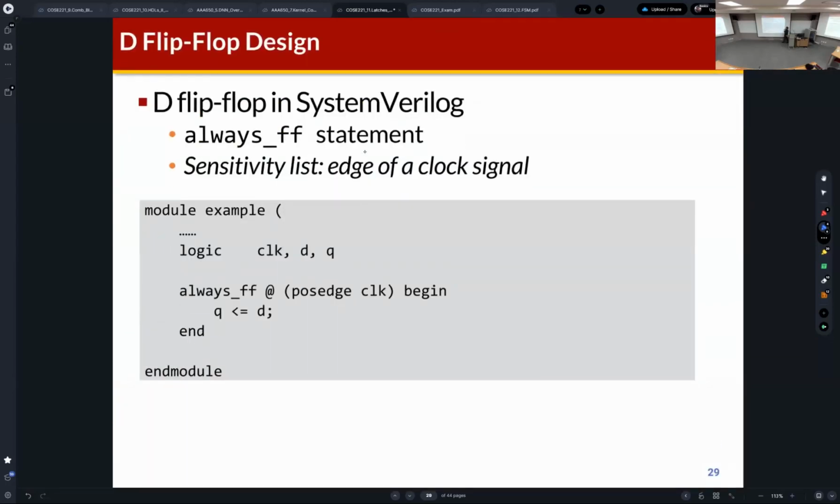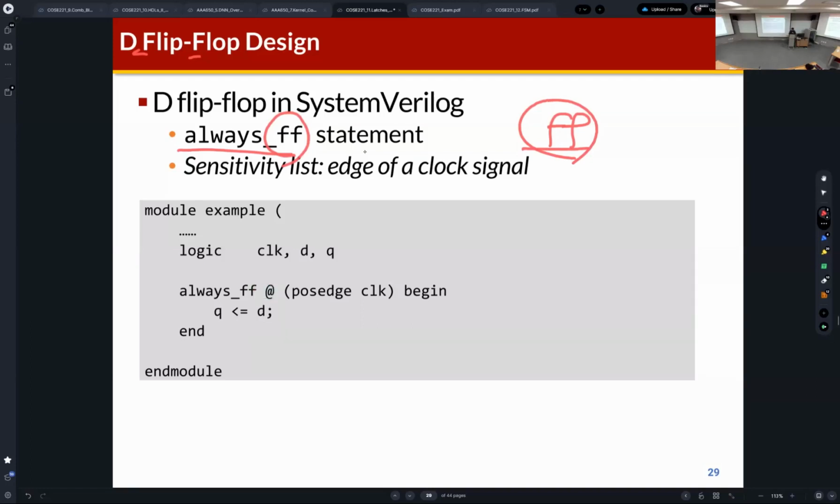Then how can we implement the flip-flop using SystemVerilog? You can find the signals, the clock and Q. In order to implement the flip-flop, you can use the always_ff statement. FF means flip-flop. I also frequently use FF for representing flip-flop. So always_ff. In order to implement the flip-flop, you can use always_ff, and then you can also find the at sign here.